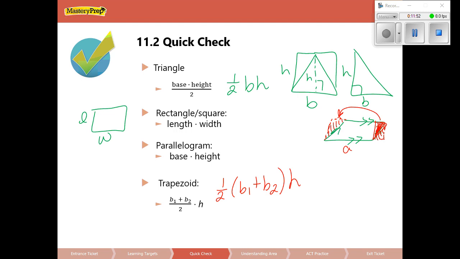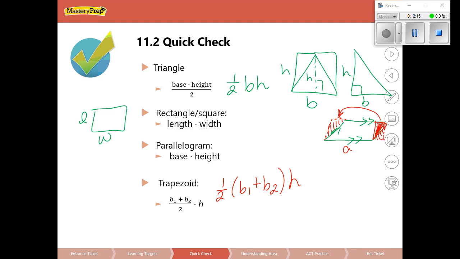But how many trapezoids do I have now? 2, but we only want the area of one of them, yes? So I'd have to take this and halve it. That's how they get to the area formula of a trapezoid. Questions on these here?